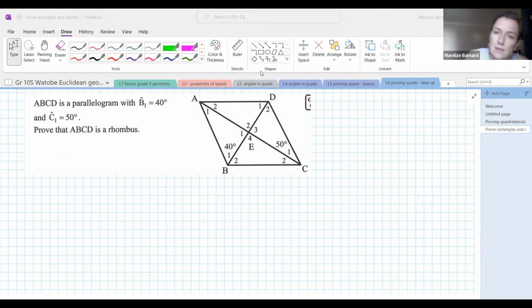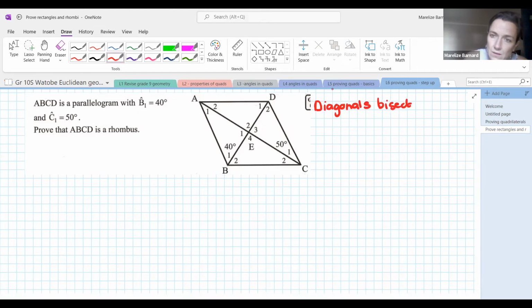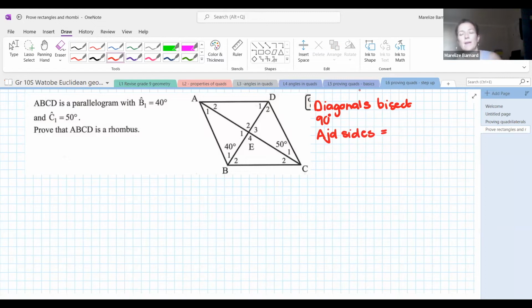Either diagonals bisect at 90, or adjacent sides equal. Okay, so I'm going to give you 2 minutes to devise your plan and your strategy, and then I would like to hear from some people how they're going to do it.